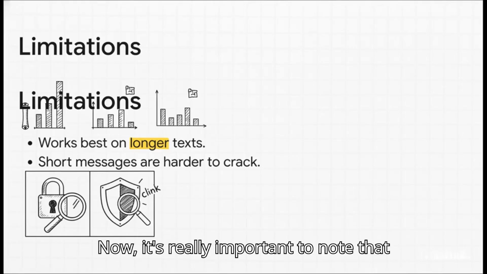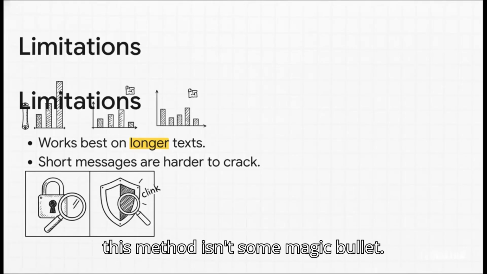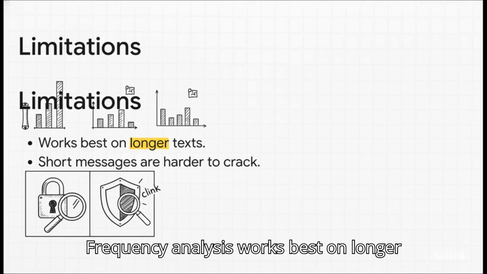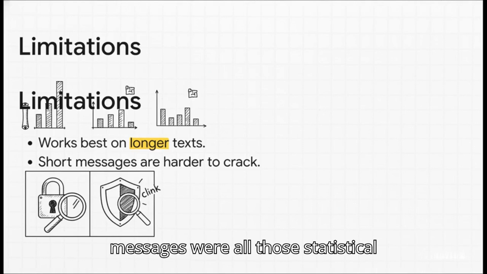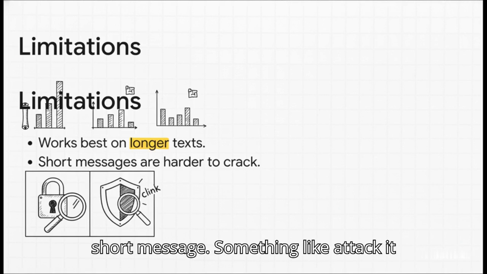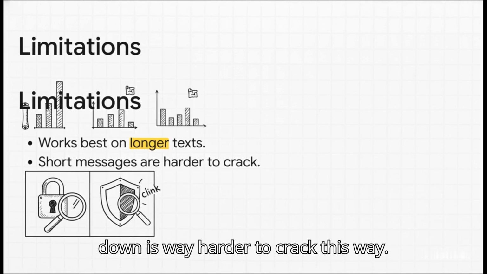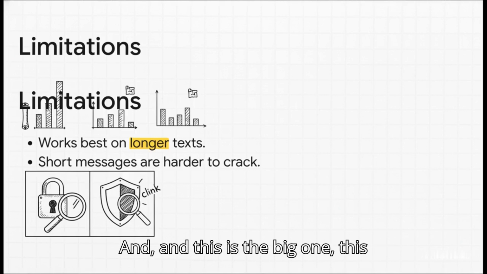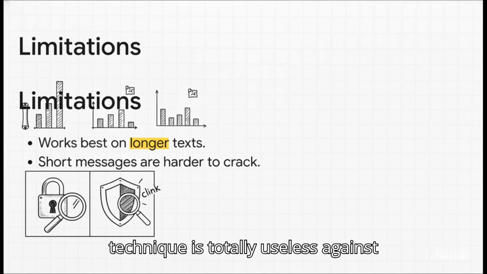Now, it's really important to note that this method isn't some magic bullet. Frequency analysis works best on longer messages where all those statistical patterns have room to show up. A really short message, something like "attack at dawn," is way harder to crack this way. And this is the big one, this technique is totally useless against modern encryption.